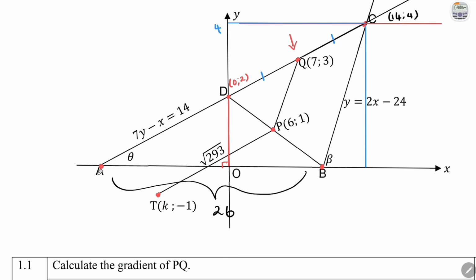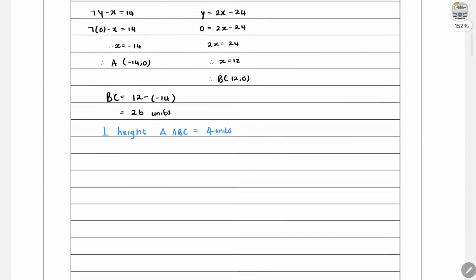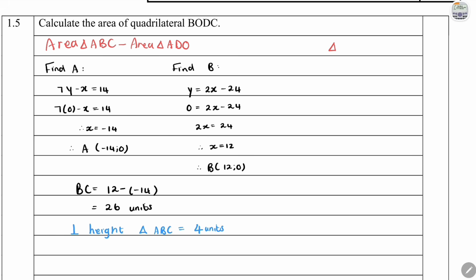And we already found A. So we know that from O to A, this is negative 14, so it means that AO is 14 units. Okay, so this way is actually quicker than the other way. So we know in triangle ADO that the base is equal to 14 units, and the perpendicular height is 2 units.